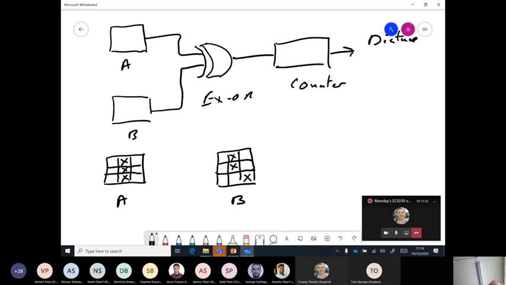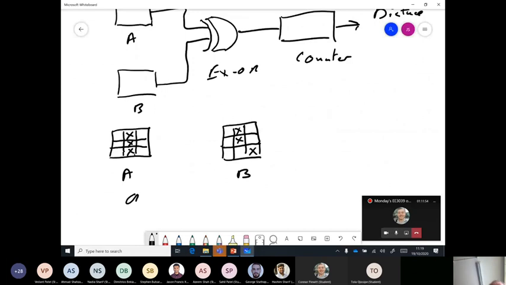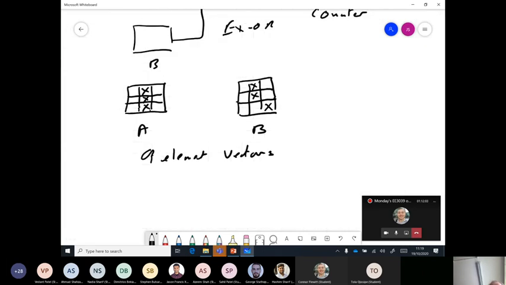These will go to 9-element binary vectors. So for A, to write the equation out, let's assume white is 0 and the cross is 1. A is going to be scanning from the origin. It is going to be 0, 1, 0, 0, 1, 0, 0, 1, 0. There are my 9 elements, so D is now 9.